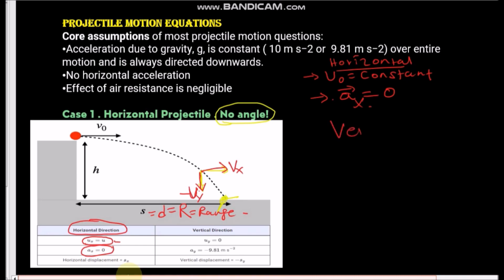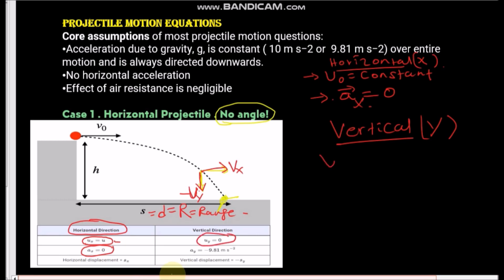For the vertical, we are considering vy. The horizontal is always the x. vy is equal to 0.